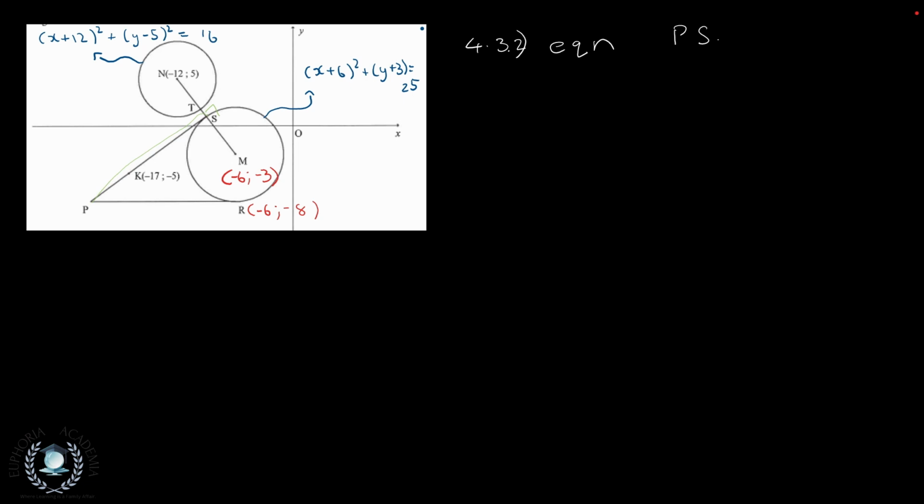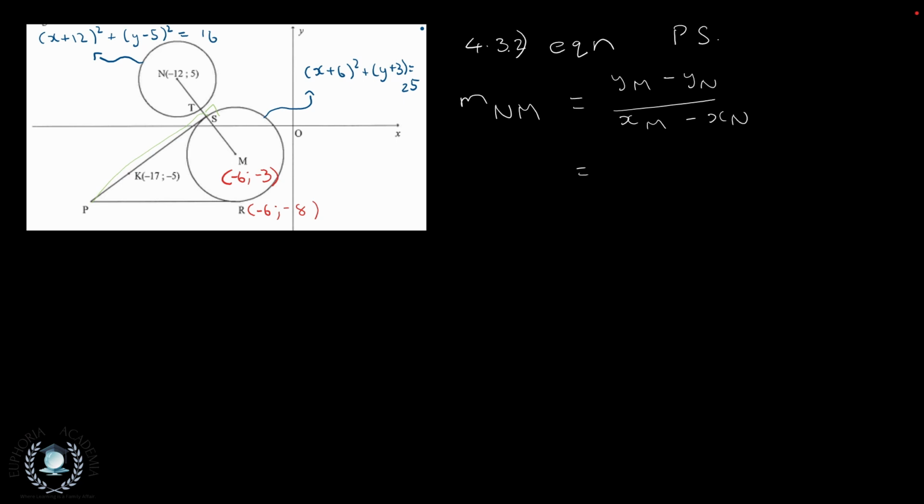We just need to get the gradient of NM or MN. It's up to you what you call it. So let's look for the gradient of NM, and that is going to be ym minus yn over xm minus xn.